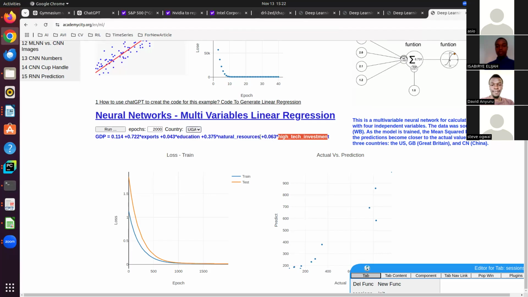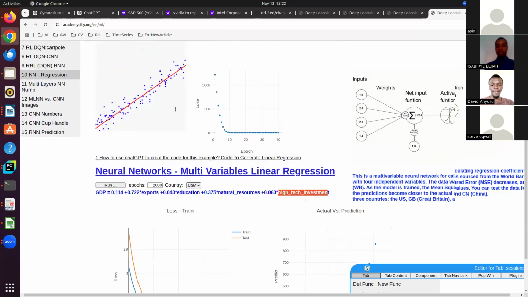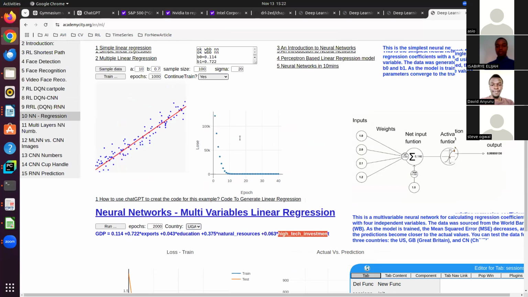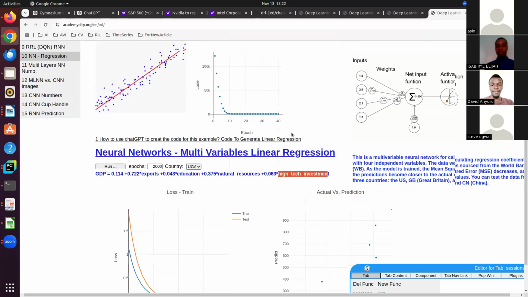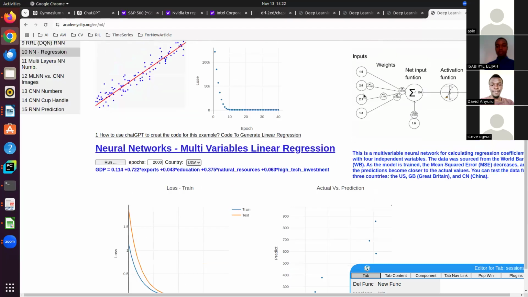Now, what we did here, we extended this simple example that has only one slope to a multi-variable one, meaning we have 1, 2, 3, 4 variables explaining the GDP. And if I want to make it as a picture, we have here the GDP, and we have 4 variables explaining the GDP.